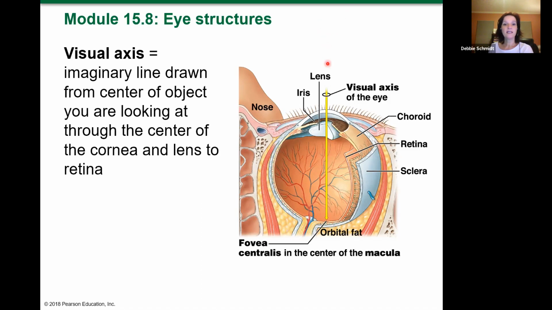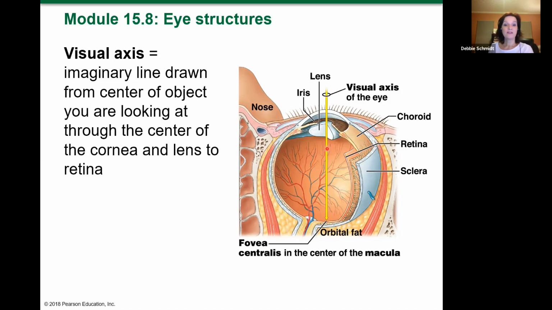Light will enter in, and you should know the structures through which light passes in order to get to the place where we have a receptor for that light. The unit of light is called a photon. A photon passes first through the cornea and then through the aqueous humor behind the cornea, passes through the opening called the pupil, and then passes through the lens.